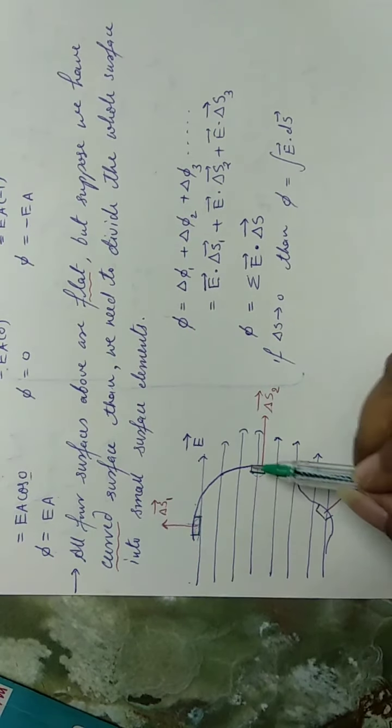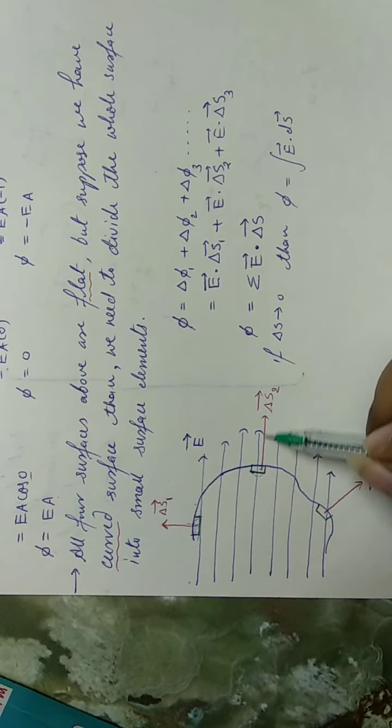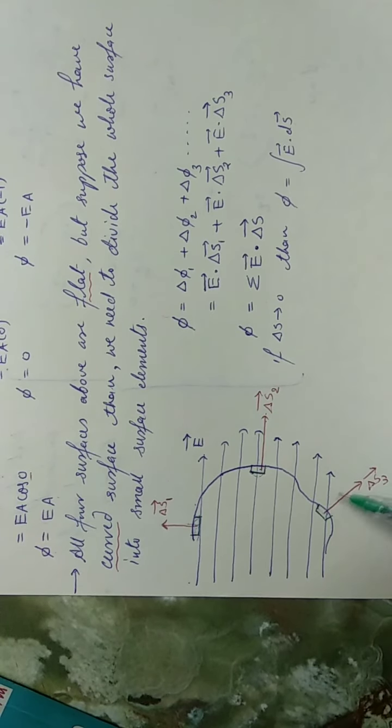Suppose you consider this area, then for this area the area vector is in this direction, which is along the direction of electric field. So here theta is going to be 0. And if you see this portion, this area element, then the area vector is perpendicular to the area element, and this is the direction of electric field. So the angle between the area vector and the electric field is theta.